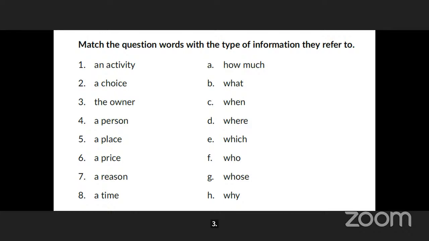Come on, guys, don't let me down. Hello, everyone. Can you hear me? No one. Don't let me down. Okay, Mr. Carlos Ruiz, please help me out with the number 1, 2, and 3.